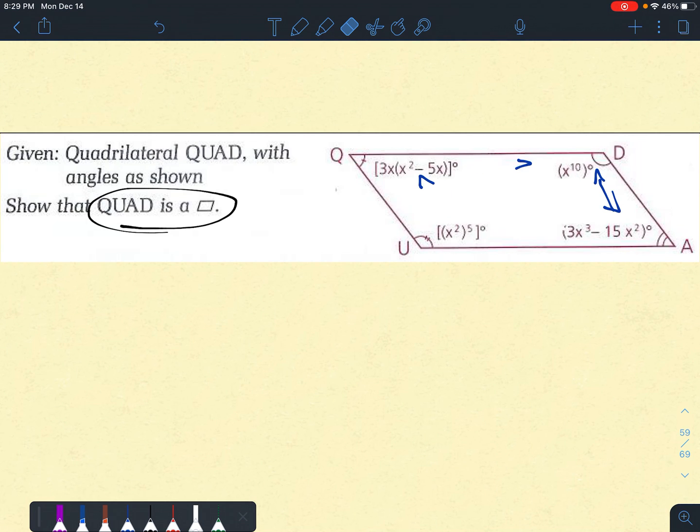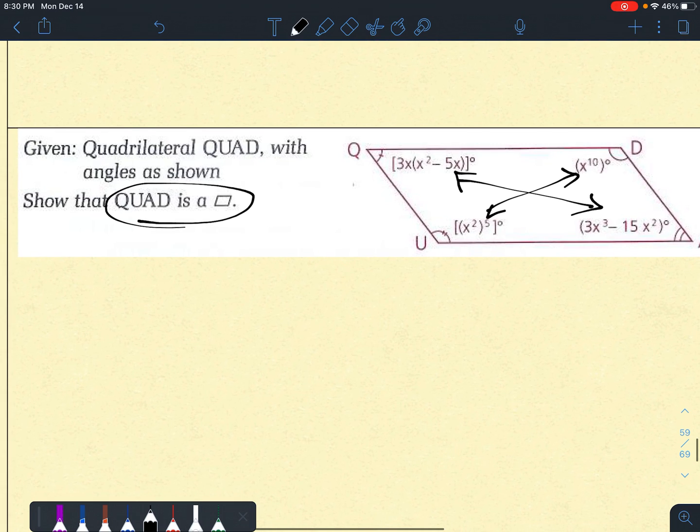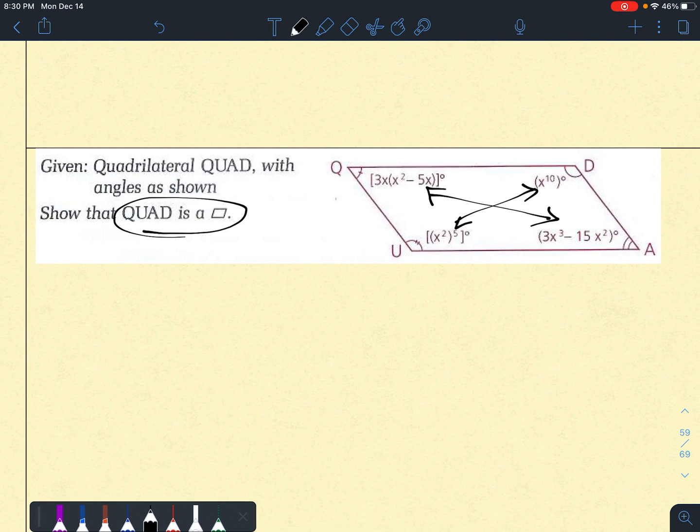And then the other thing that we know is that opposite angles are congruent. Of those two ideas, I like this one here better, because obviously equality is easier to show than supplementary, because you don't have to mess around with 180 degrees. So let's try that. I think either strategy will work. I just think this will be faster.